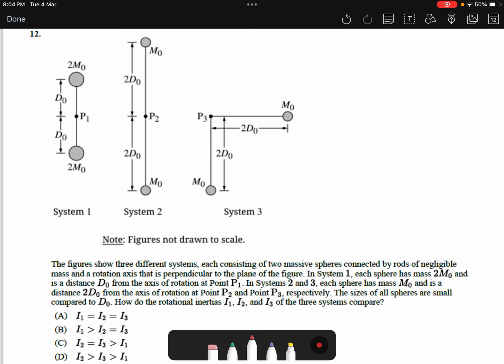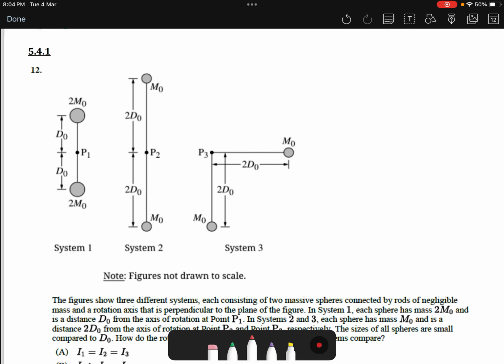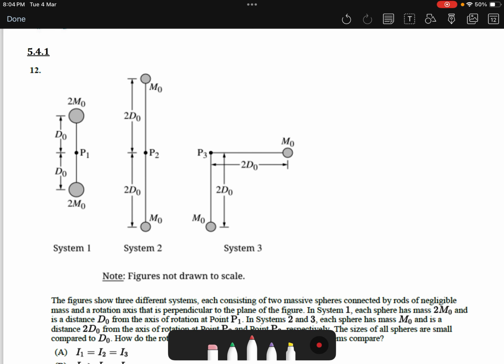Now, if you look at them, first one, system 1, let's write them here. I1 is M R squared, the original formula.